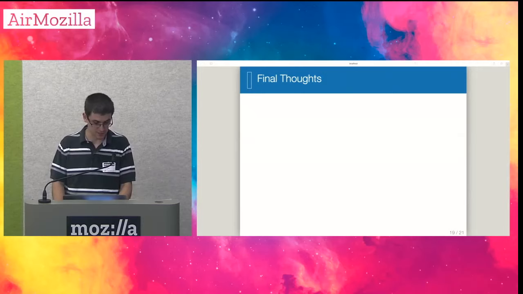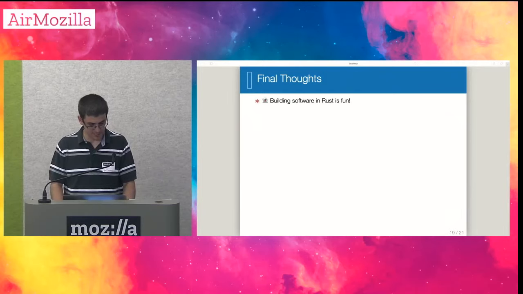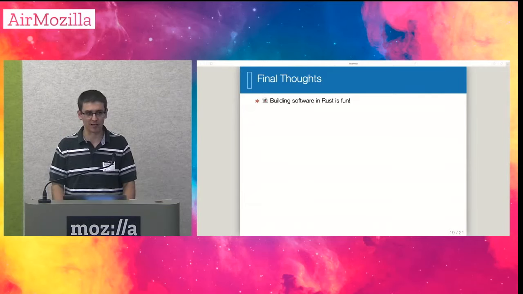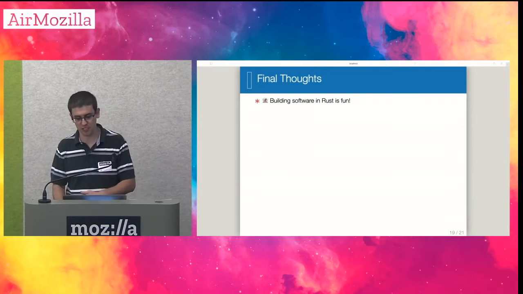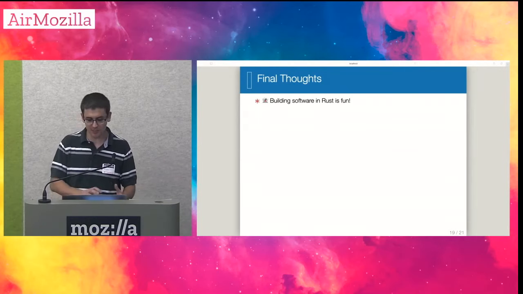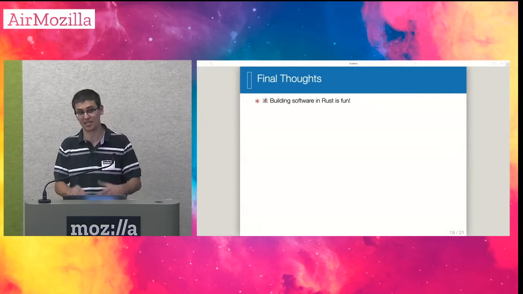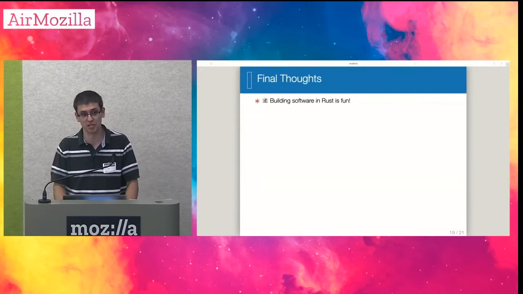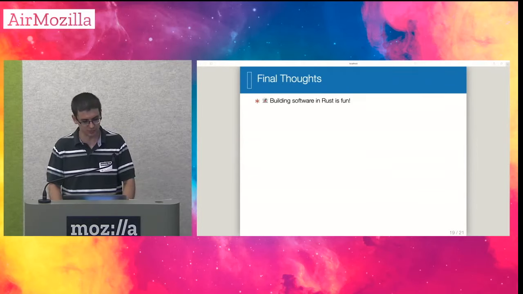And as a final thought, I would say building this kind of software in Rust was really, really fun because I had to figure out a lot of things. I think we are using Rust in a direction that I would not consider the primary direction of Rust. We're using it for enterprise software, for building applications, and I think only recently people started using it this way.